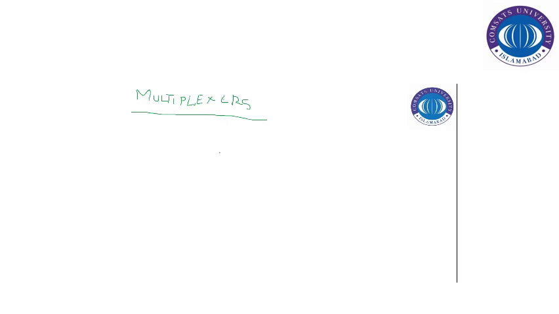We can implement the following Boolean function by using an 8x1 multiplexer. And in our theory session, we have seen two different methods in order to implement that function.